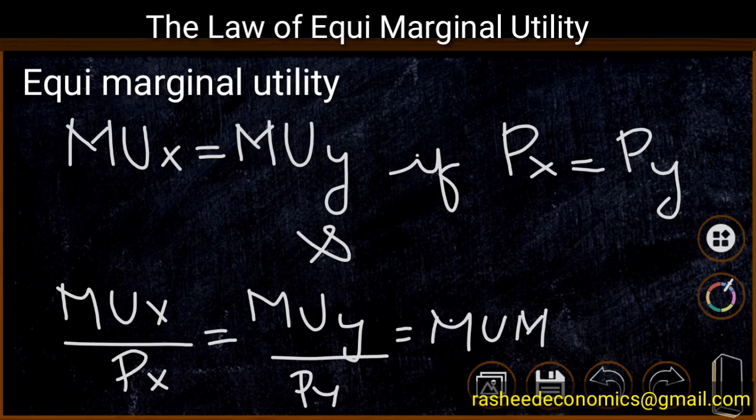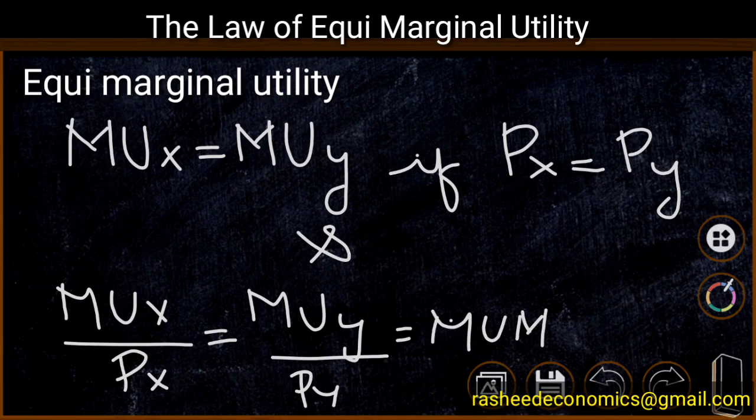Suppose there are more than two commodities, then MUX divided by PX will be equal to MUY divided by PY, is equal to MUZ divided by PZ, etc., is equal to MUM, the marginal utility of money.